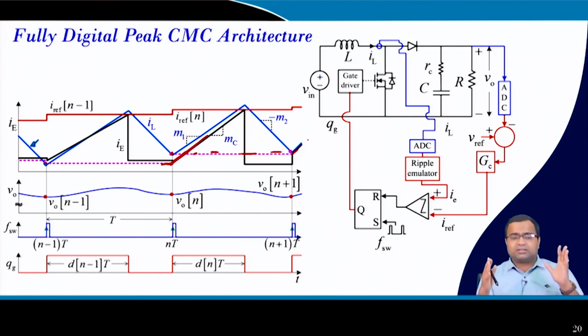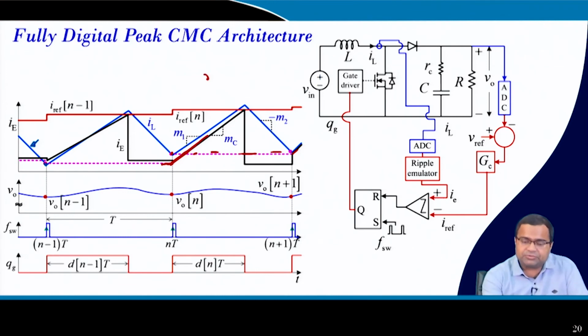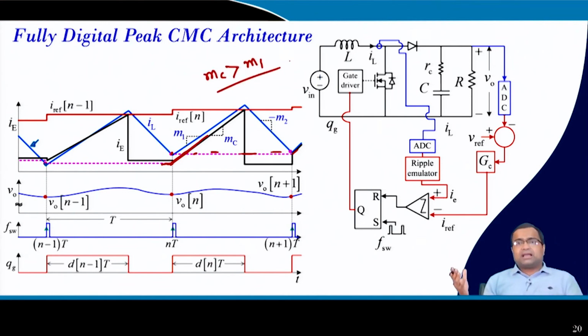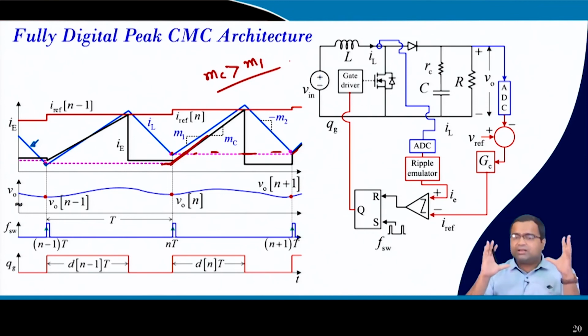Like the current loop stability requirement is much more stringent, or basically needs more ramp slope. That means you need MC to be higher than M1, and how much higher, there are many architectures where you can also manage MC equal to M1, but we are not going to discuss that here, but I think it is possible.